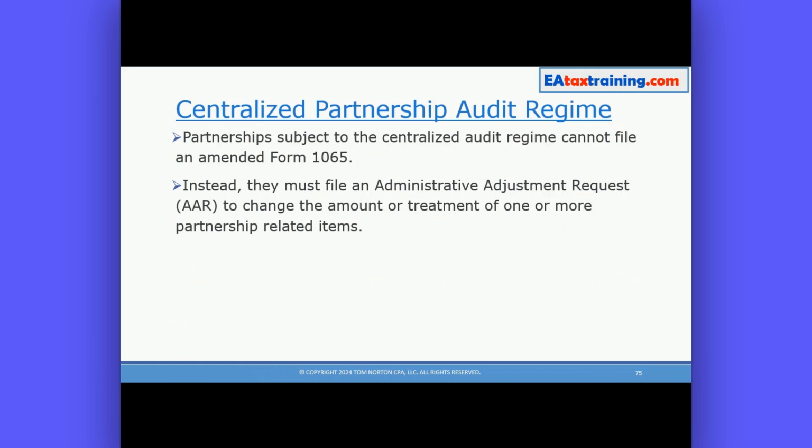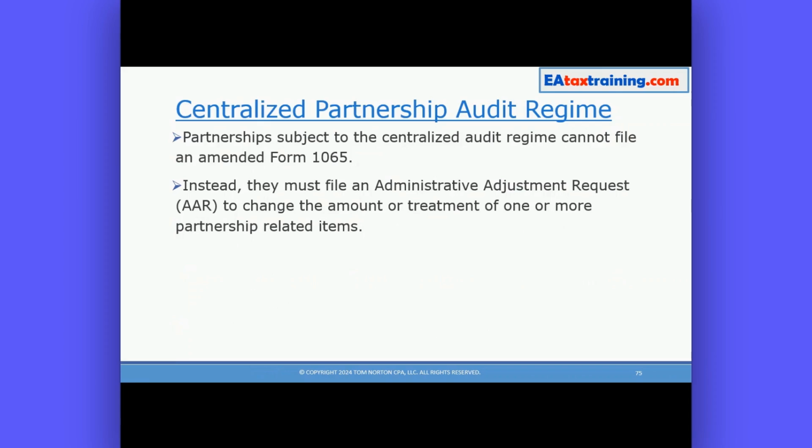Partnerships who are subject to the centralized audit regime, which is most partnerships, because it's the default, most partnerships are going to be subject to it. And if they need to make a change, they do not file an amended Form 1065.